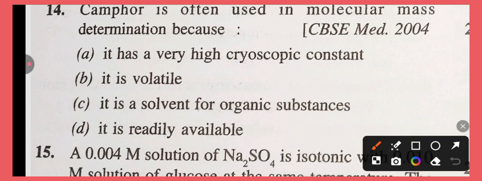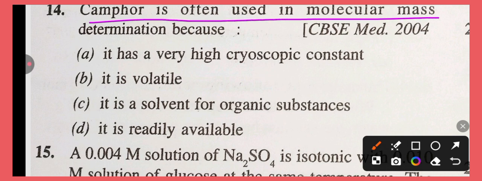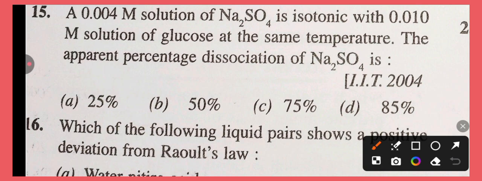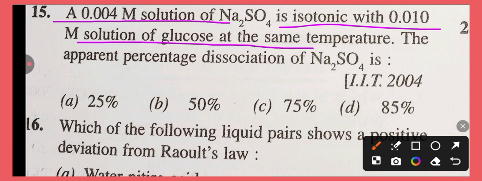Let's read the question. Camphor is often used in molecular mass determination because it has a very high cryoscopic constant. Okay, let's move to another question, that is question number 15. A 0.004 m solution of Na2SO4 is isotonic with 0.010 m solution of glucose at the same temperature.